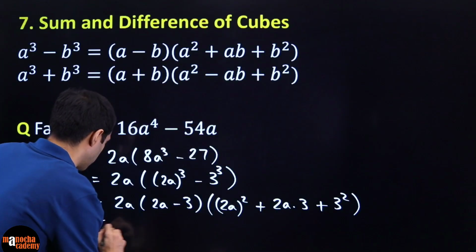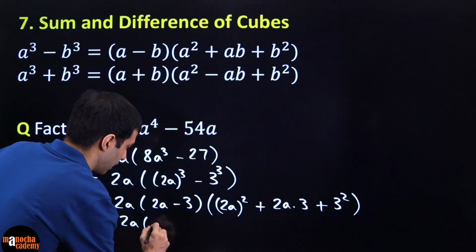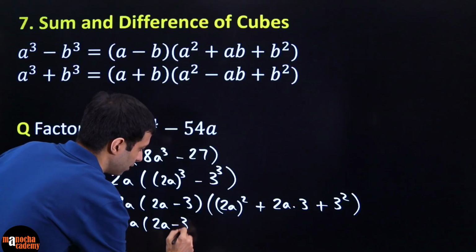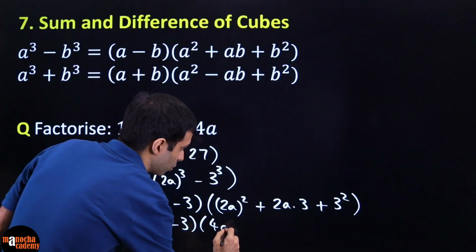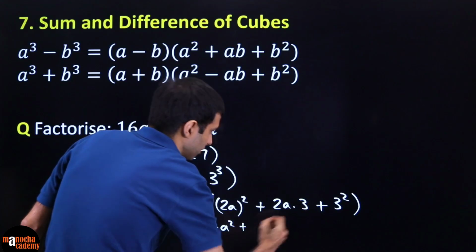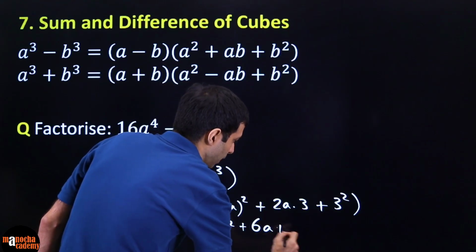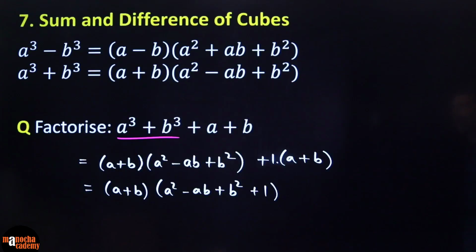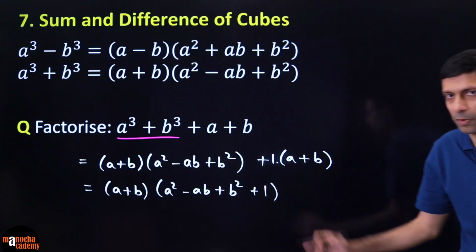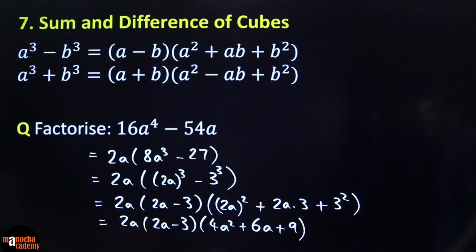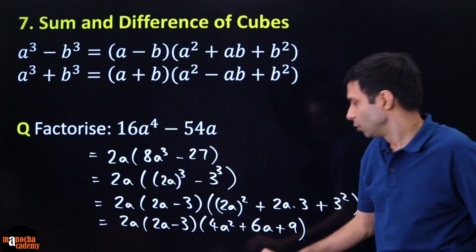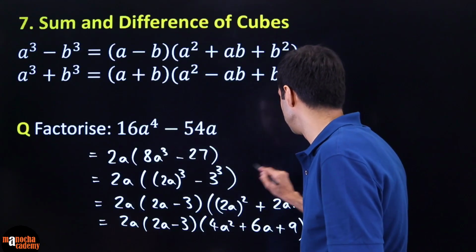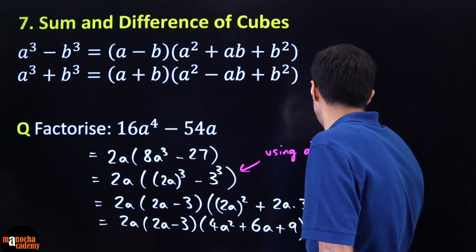If you simplify this further, you get 2a times (2a minus 3) times (4a square plus 6a plus 9). Here we took a plus b common, so we were left with the plus 1. Here again we got a cube minus b cube, so we use the identity a cube minus b cube here.